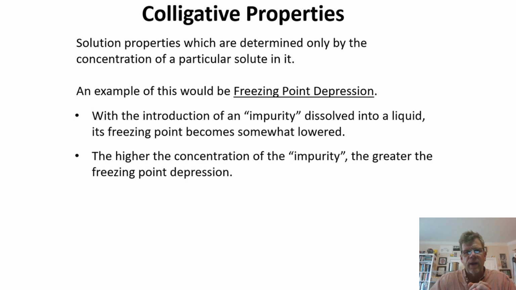Celsius, turns to solid. With the introduction of any dissolved particles within that water or any solvent, we can think of those dissolved particles as an impurity, perhaps, but the freezing point always becomes somewhat lowered. So if I dissolve something into water and test its freezing point, it is always going to be below 0 degrees Celsius.